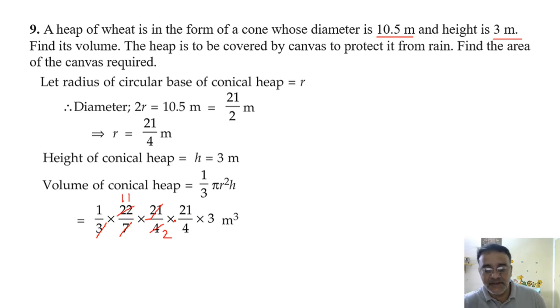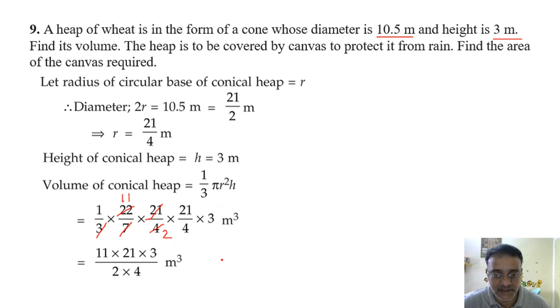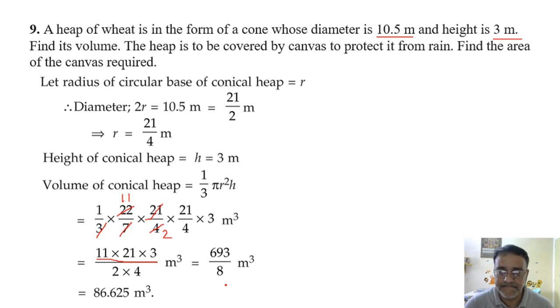So 11 into 21 into 3 upon 2 into 4 will be left. If you multiply this, 63 into 11 is 693 upon 8. If you divide, you will get 86.625 meter cube. So this is the volume of the conical wheat. Any doubt in this part?